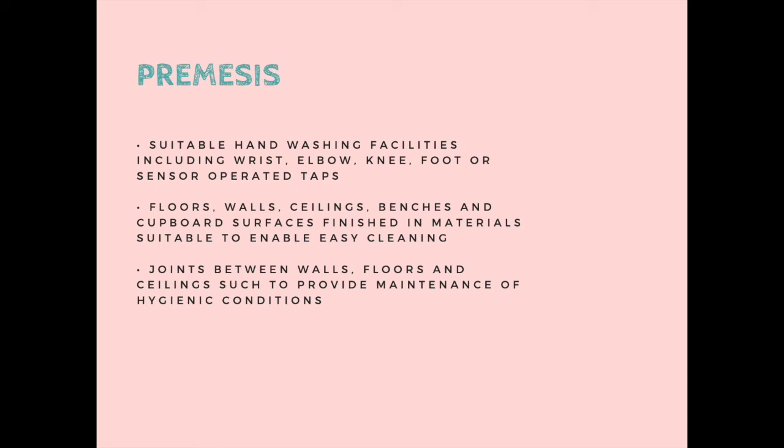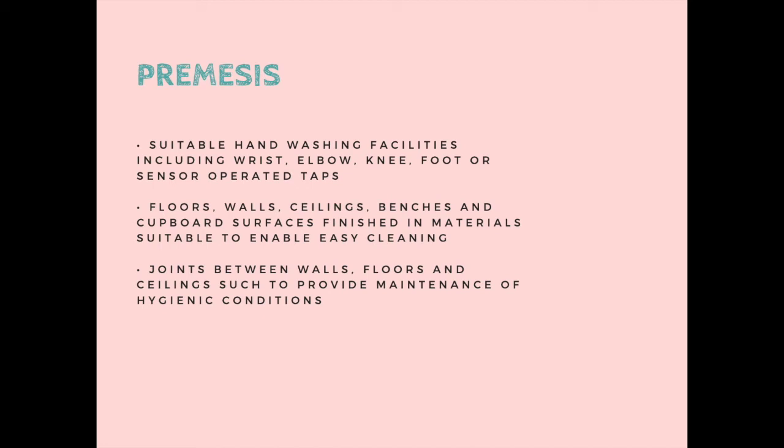Always ensure that the premises has a hand sanitizer at the front, and suitable hand washing facilities for your guests and for yourself. Floors, walls, ceilings, benches, and all surfaces must be thoroughly clean, including the joints between the walls, floors, and ceilings, to maintain infection control hygiene conditions for the premises.